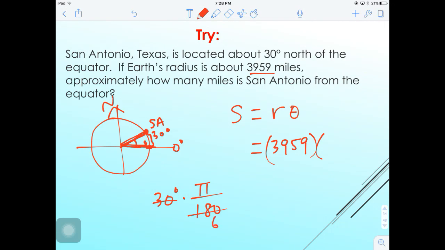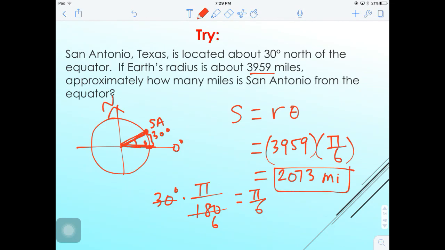Cross canceling, we have pi over 6 as the angle, and we substitute it in for theta. Doing the math, we should have 2,073.3 miles, and that is how far San Antonio, Texas is from the equator. That's the end of this problem.